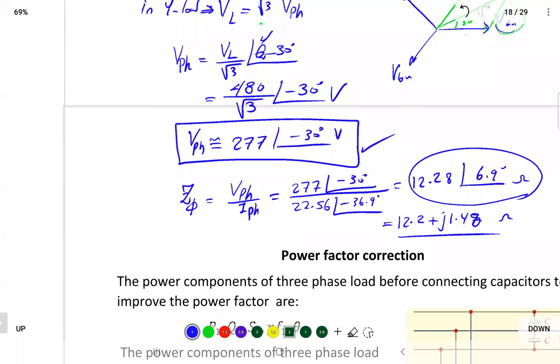You look at the problem, it's only one and a half lines, but there is a lot of work involved in it. If you understand this problem, I think you will be good at analyzing three-phase circuits and also single-phase circuits, because it's just going from one point to another, but you've got to follow why you're doing each step all the time.